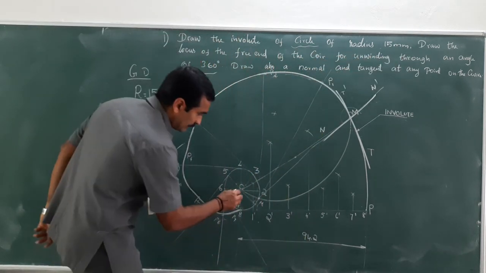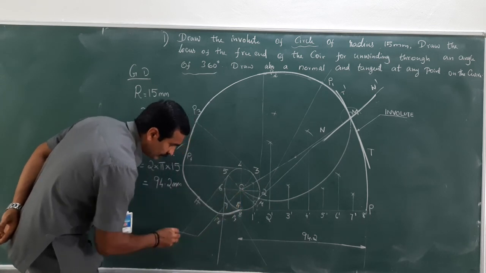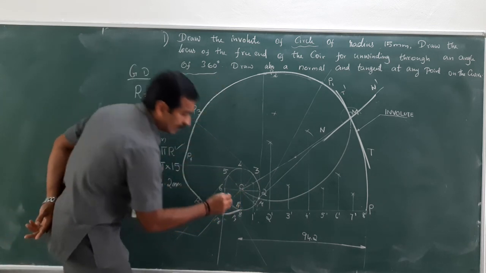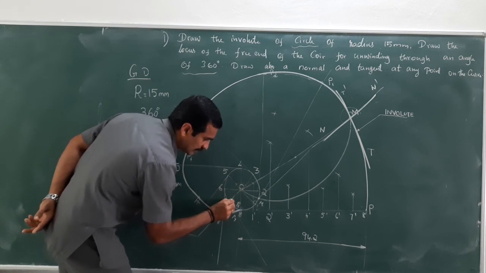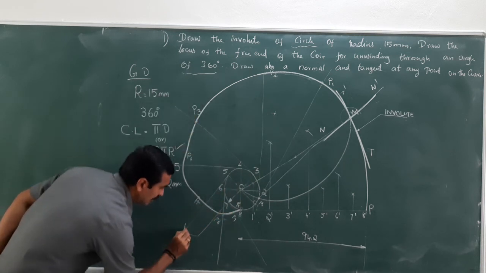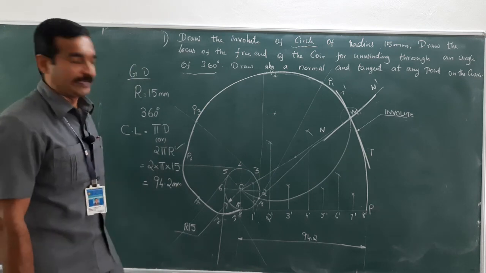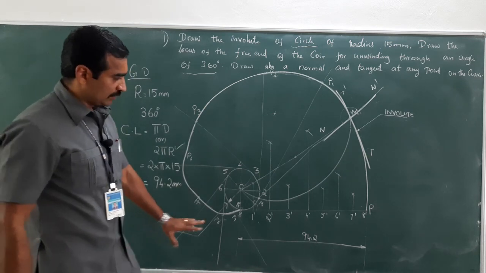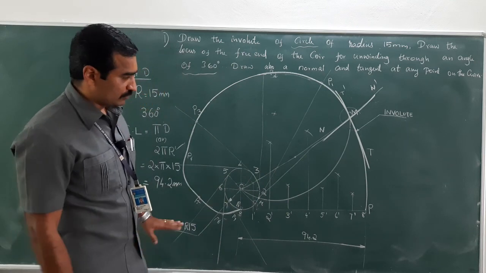So let me just mention here by extending it. And since it is radius, therefore from the center to the boundary of the circle, I am marking it. This is the leader line. I am mentioning R15, right? So then the circumference length has been covered here. Anything else left out? No, nothing.